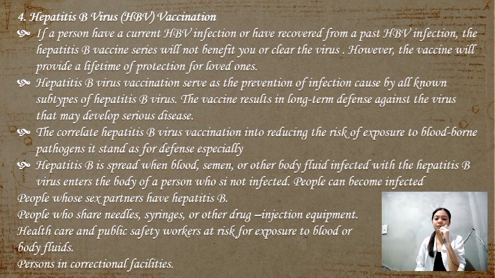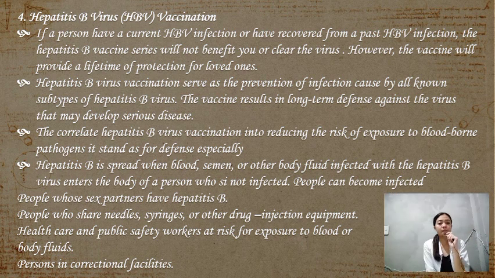So how can the hepatitis B virus be transmitted from one person to another? It could be transmitted through blood and infected body fluids, also through unprotected sex and unsterilized or contaminated needles. The hepatitis B vaccine series will not clear the virus in those already infected.